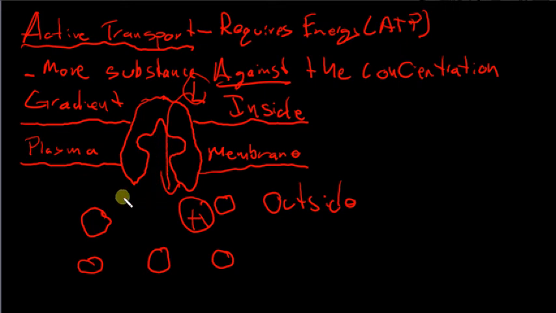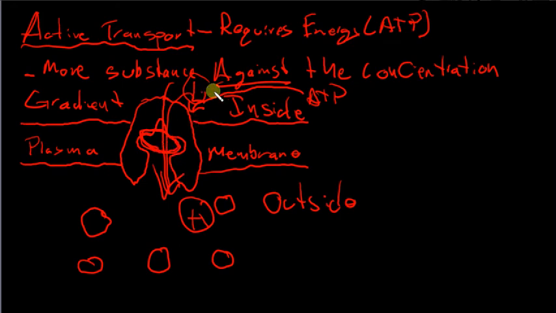So what happens is, say this protein is going to take one of these molecules from the inside and push it out, pump it out just like a pump. The molecule would kind of bind into this little hole in the transporter, and a molecule of ATP would bind onto the transporter, and the transporter would change shape and move that molecule from in here to outside.